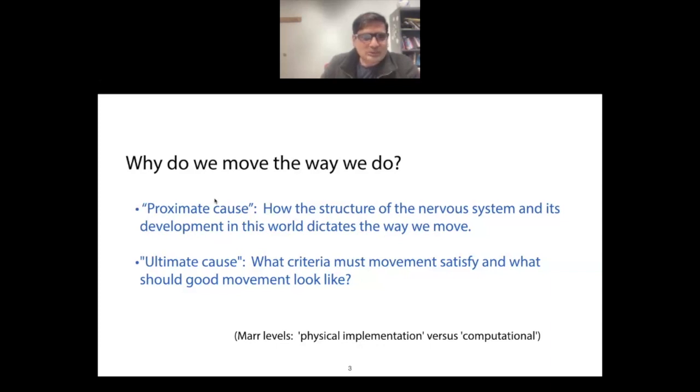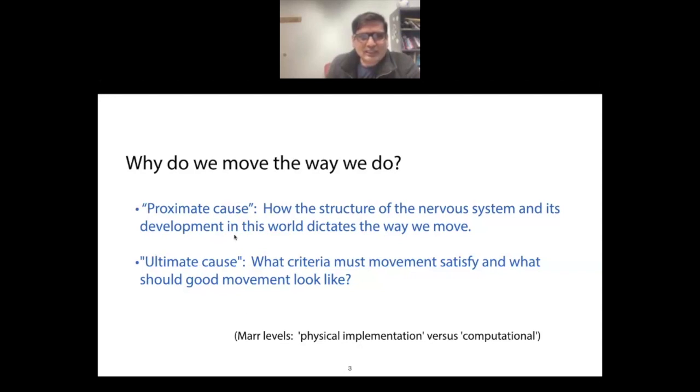And then the ultimate cause kind of answer to this question would be something like, what criteria must movement satisfy? And by those criteria, what should good movement look like? And does real movement we do observe in the world look like those quote unquote good movements? In this talk, we'll entirely take this kind of approach.